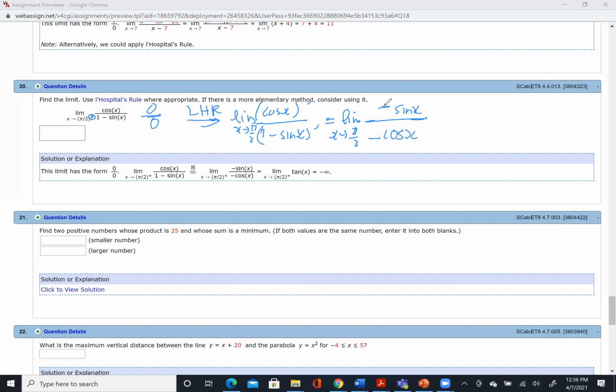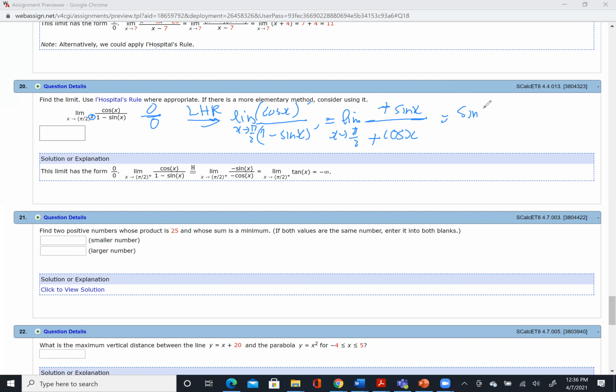Negative over negative is positive, so you just have the limit of sine x over cosine x. Now you can actually plug in; you don't have to write the limit again, you can just directly substitute.